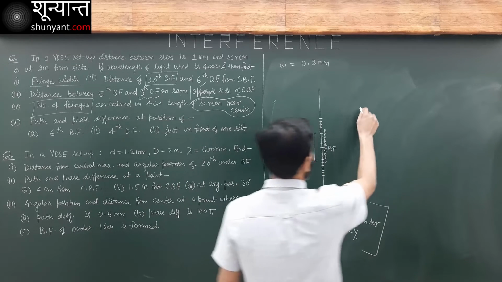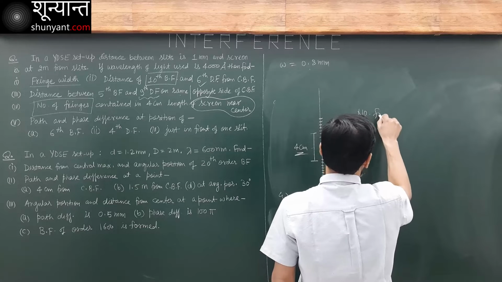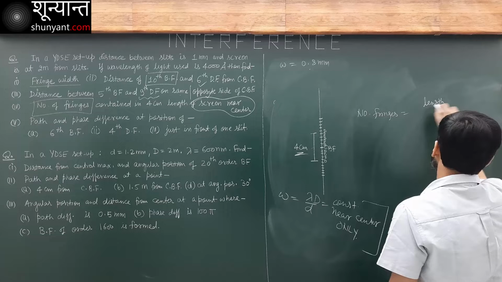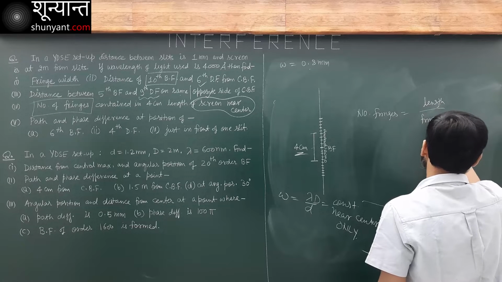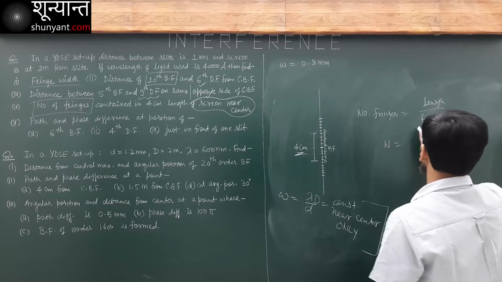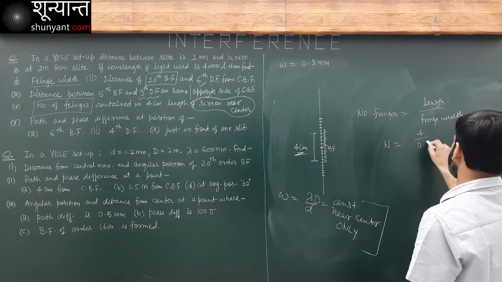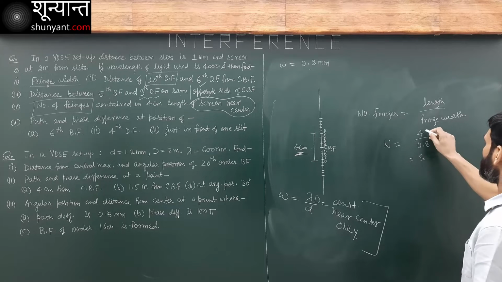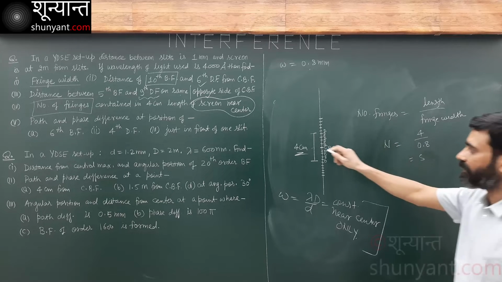So the number of fringes is equal to length over fringe width. This length is 4 centimeter over 0.8 millimeter.